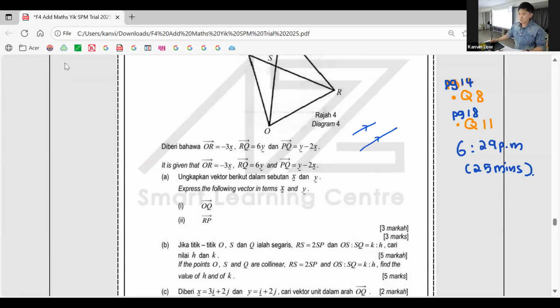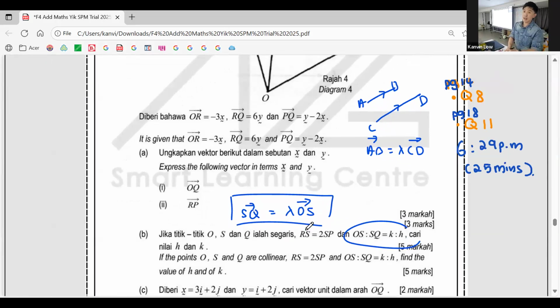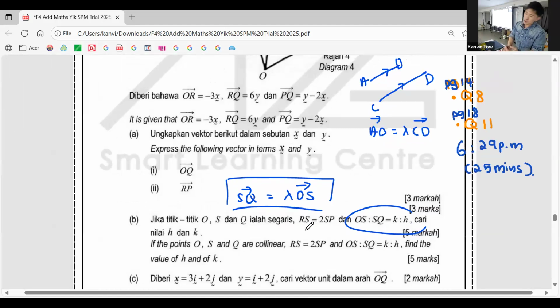The size is different. So if this is AB and this is CD, we write AB equals lambda CD. So if they say O, S, Q are collinear, you can write SQ equals lambda OS. You start from here: find the vector of SQ, find the vector of OS, and then find the lambda from there. And after you find the lambda, you will be able to get this. You try to do first.